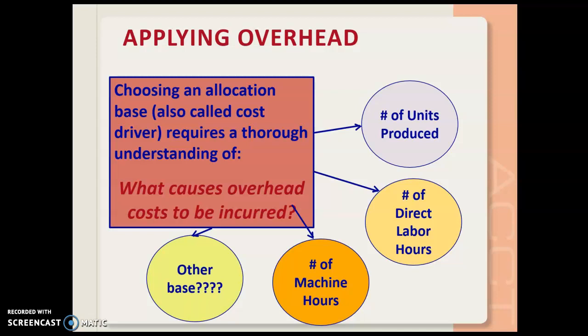If it's a company where they make their stuff with robotic machines, as opposed to a bunch of human labor, then the number of machine hours might be how they divvy up their overhead. They might have some other kind of base. So what the management has to do is look and see what drives production, and then they can decide that's what we're going to use as our cost driver.